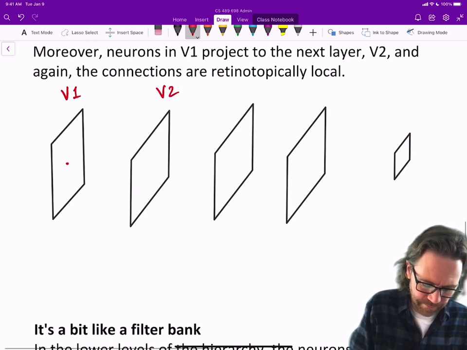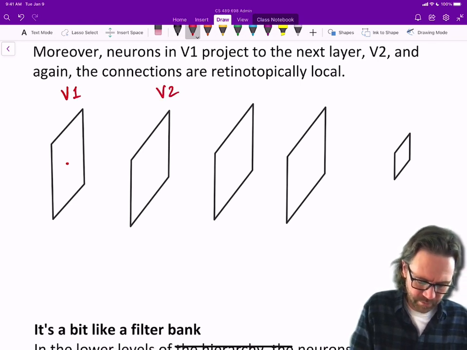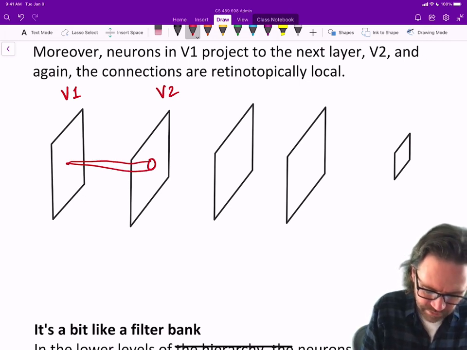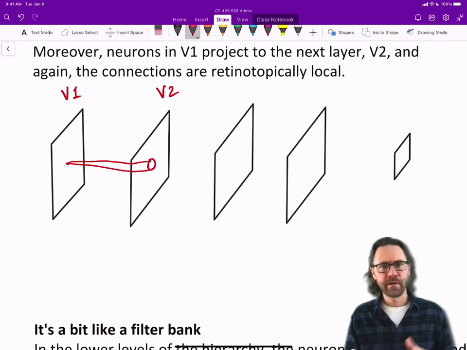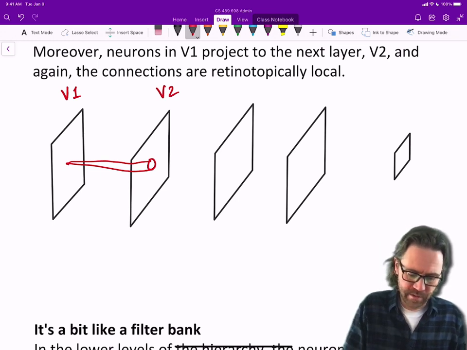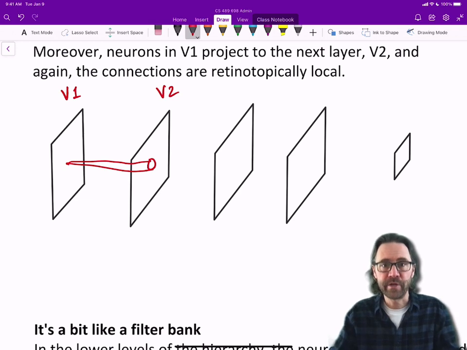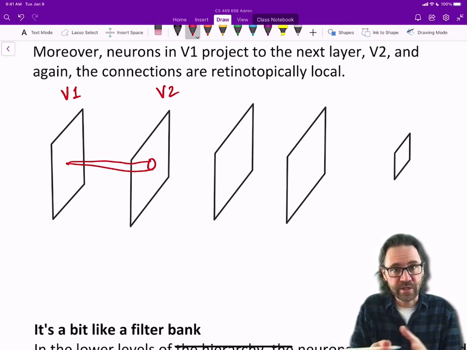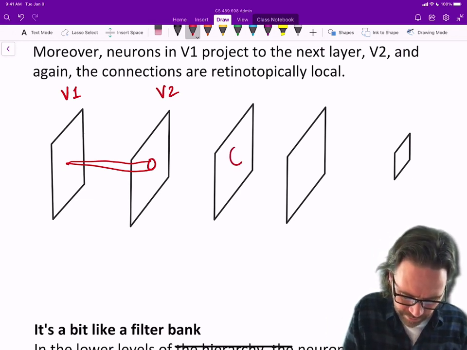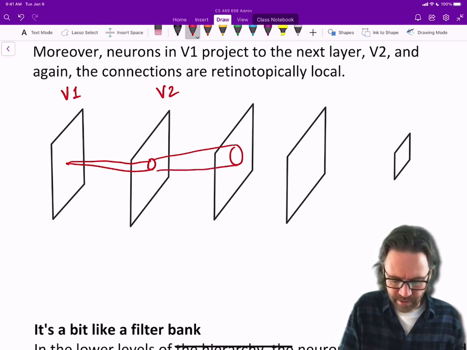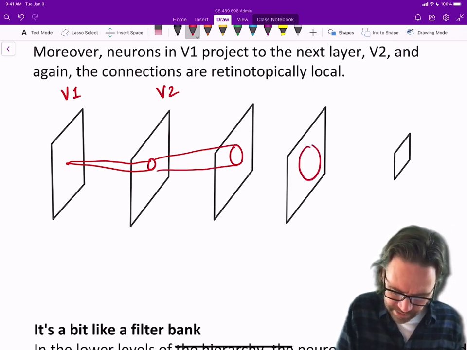Let's call this V2. So each neuron in V1 projects to a neighborhood in V2. Each neuron in that neighborhood projects to a neighborhood in the next layer. Or if you like, the entire neighborhood projects to an even bigger neighborhood in the next layer. And so on. You go up to the next layer, and the neighborhood gets even bigger.